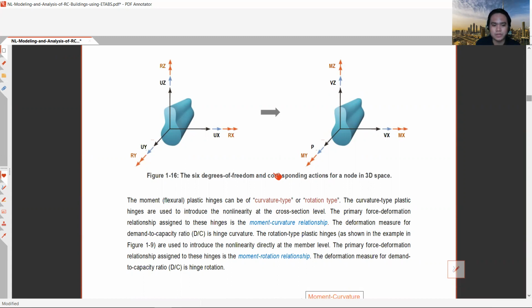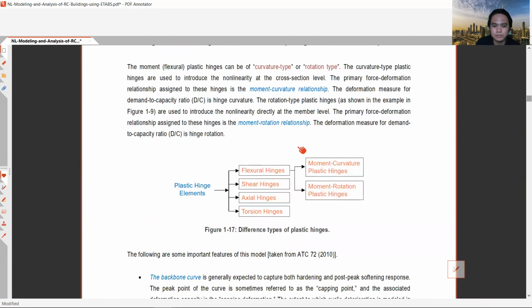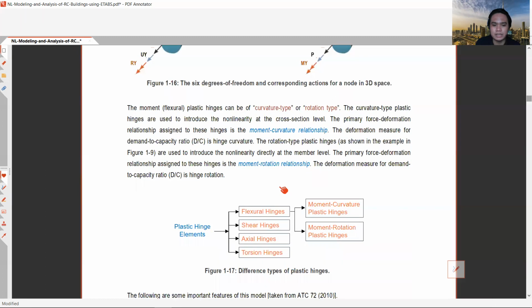The deformation measured for the demand to capacity ratio is hinge curvature. The rotation type plastic hinges, as shown in the example figure 1-9, are used to introduce the nonlinearity directly at the member level. The primary force deformation relationship assigned to these hinges is the moment rotation relationship. The deformation measure for the demand to capacity ratio is the hinge rotation.